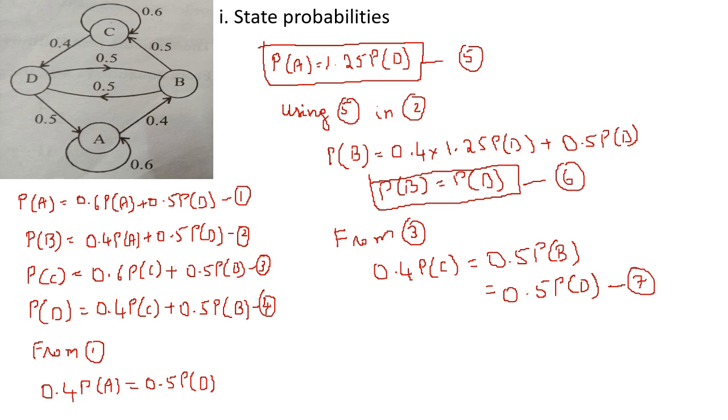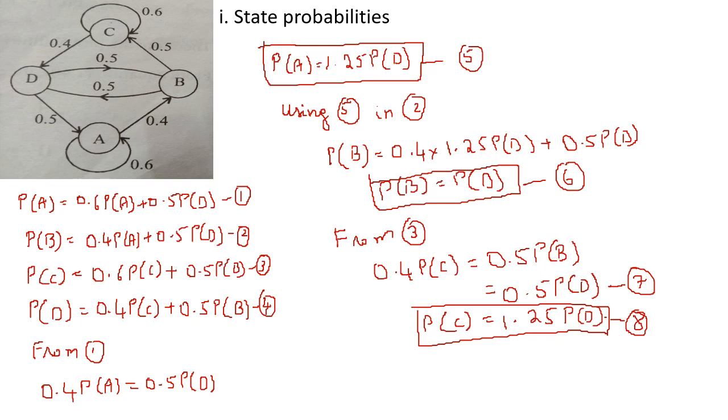Or we can write P of C will be equal to 1.25 times P of D. So we got one more relation of P of C with P of D. Let this be equation number 8.